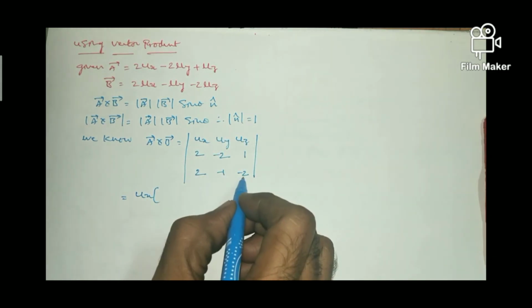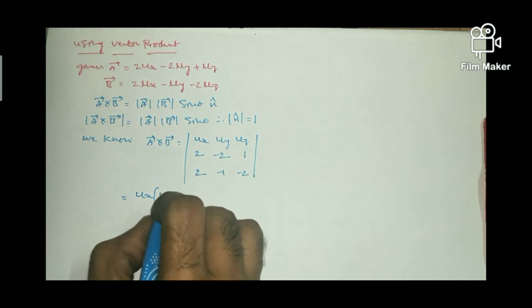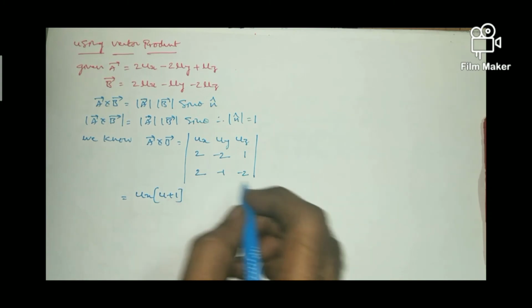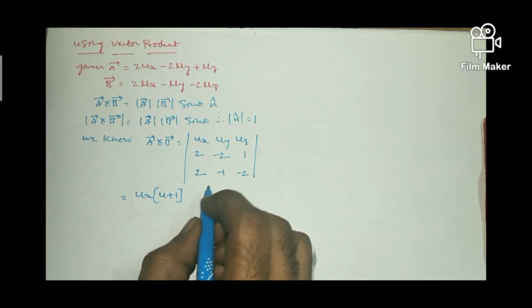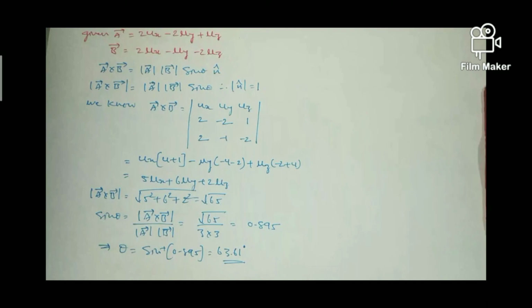So if you consider ux, 2 into 2, 4 plus 1, minus uy multiplied by minus 4 minus 2, plus uz multiplied by minus 2 plus 4, which gives rise to a value of 5ux plus 6uy plus 2uz.